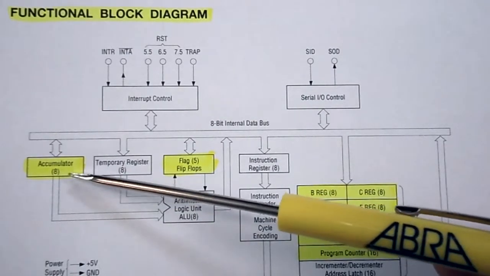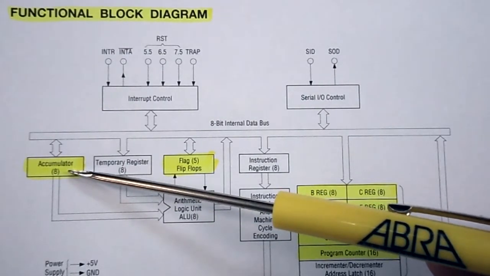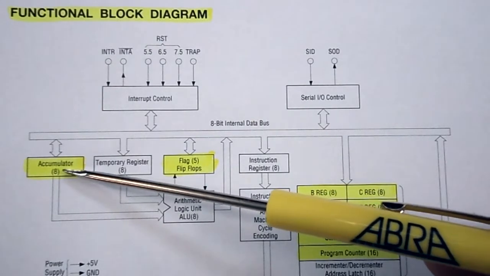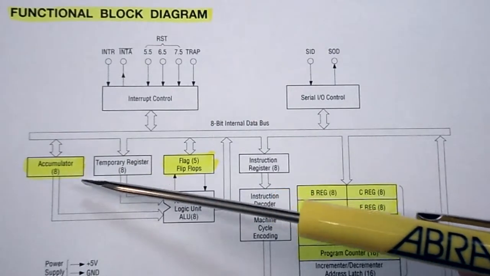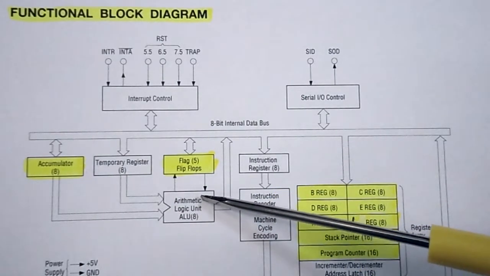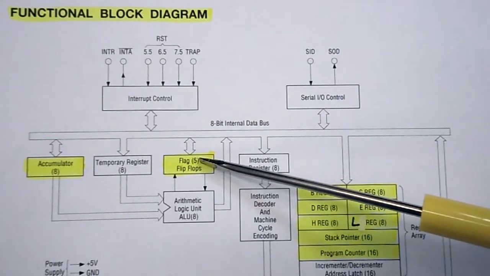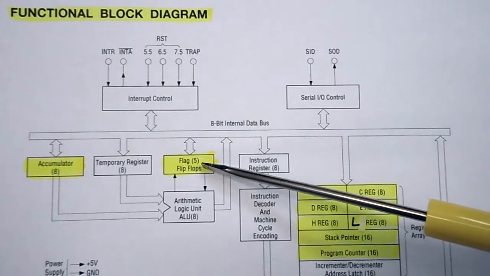You'll notice that we have a register out here called the accumulator. That's the A register, and it's 8 bits wide. Also coming off the ALU is the flag registers. It says here they're 5 bits wide, so there's a few bits that aren't used, and they're flip-flops, so they toggle.